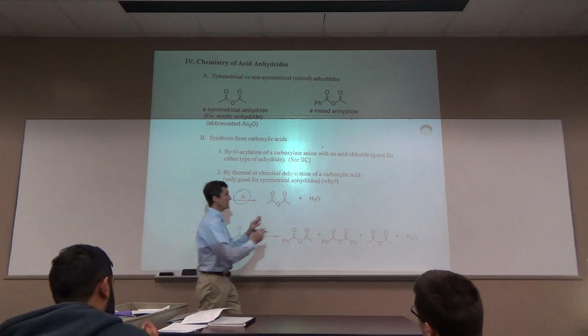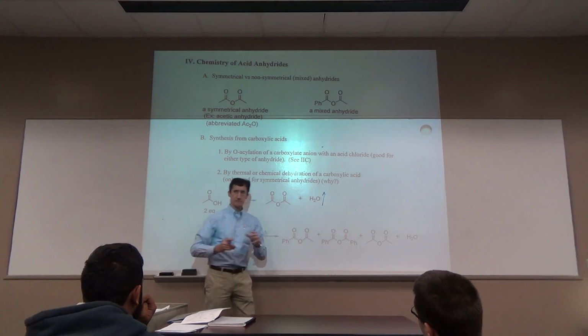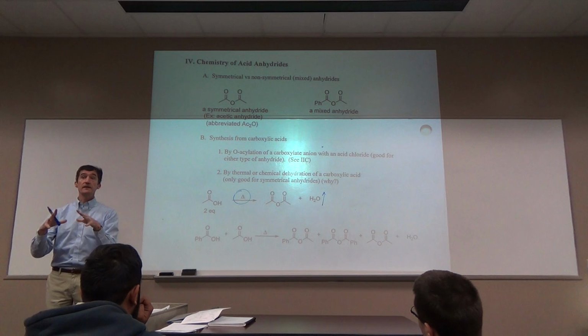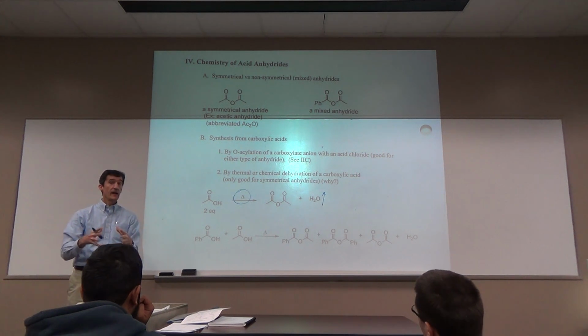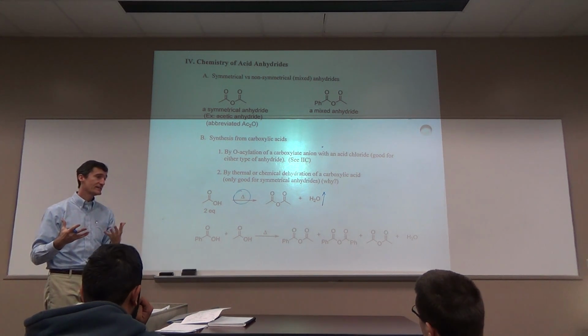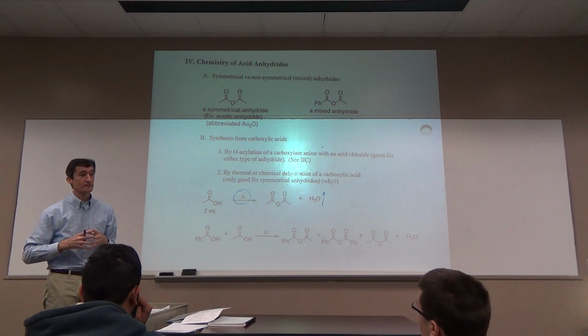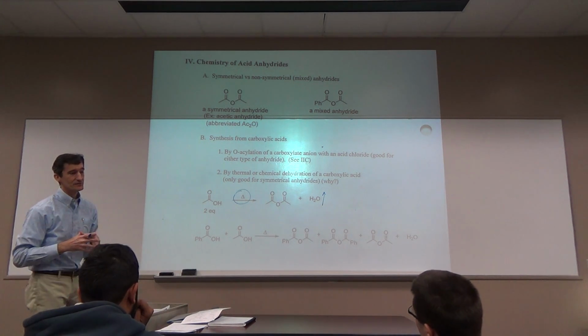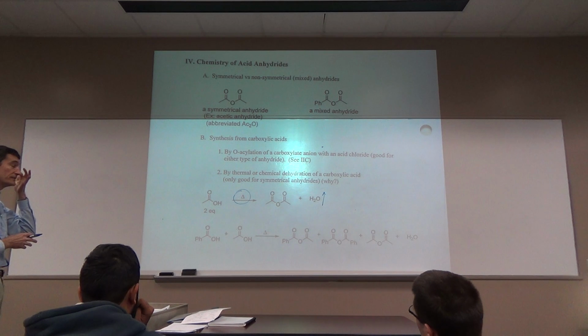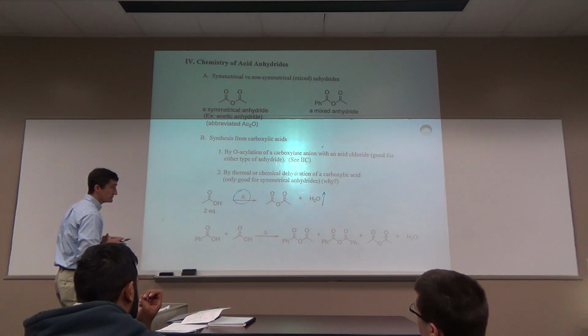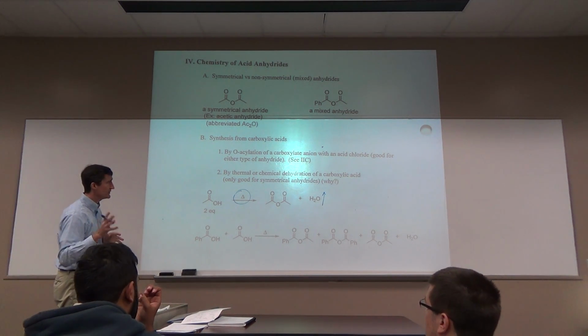And at 300 degrees, the water will come off as steam. Go to the lab, take acetic acid, and get it very hot. It will start giving off steam. Now, practically, it's a little difficult because you'll also start boiling away your acetic acid. So you kind of have to do this under pressure. There are some practical aspects.